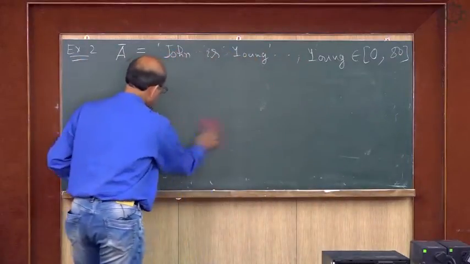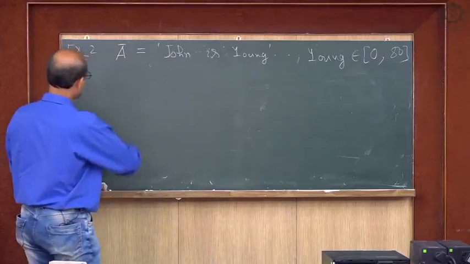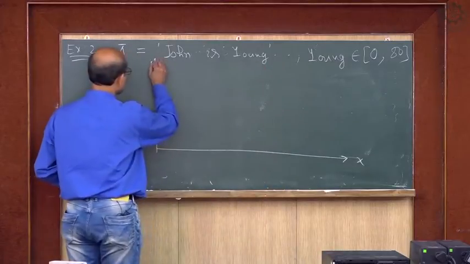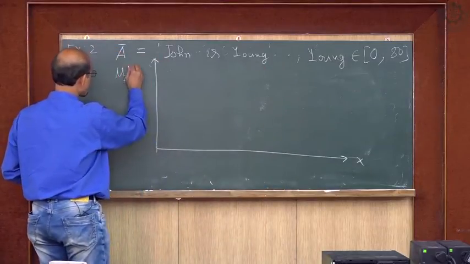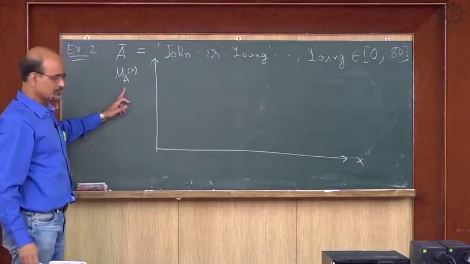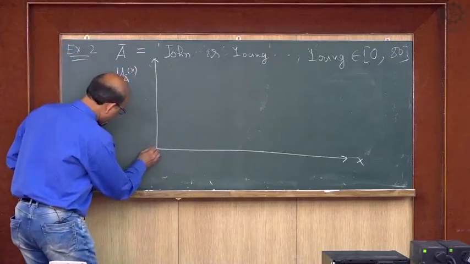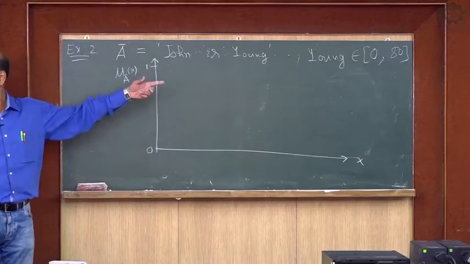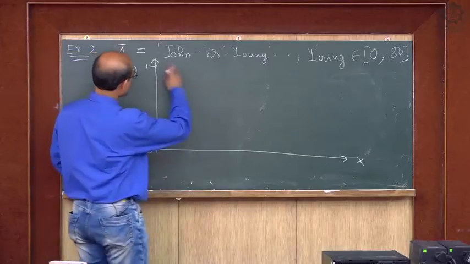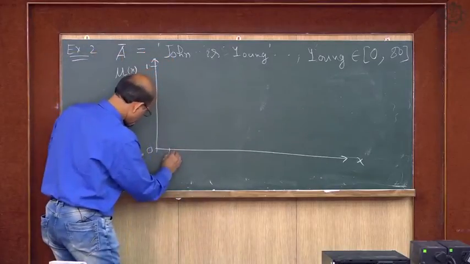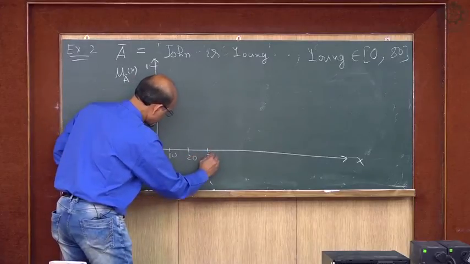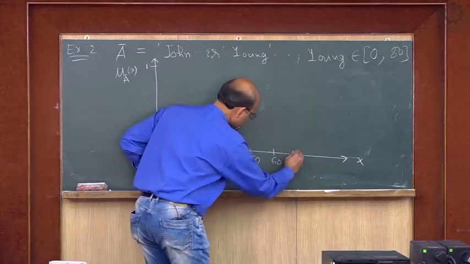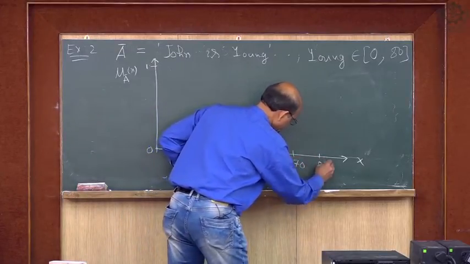Now let us see what is happening. If it is 0 to 80, and I plot on this side x, and this is mu A bar x, the membership, the membership values will be from 0 to 1. We have up to 80, so suppose 10, 20, 30, 40, 50, 60, 70, 80.